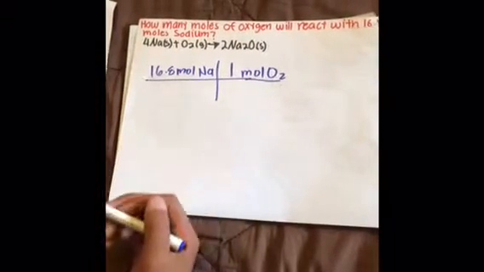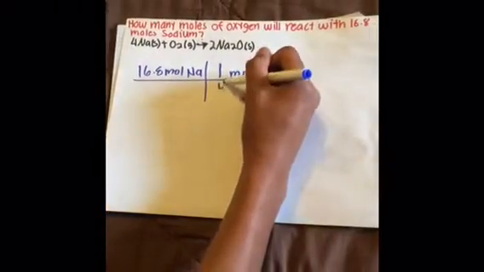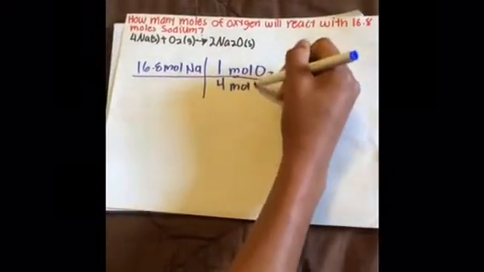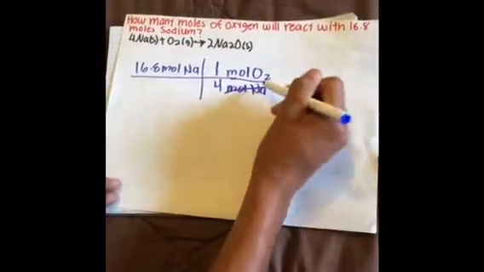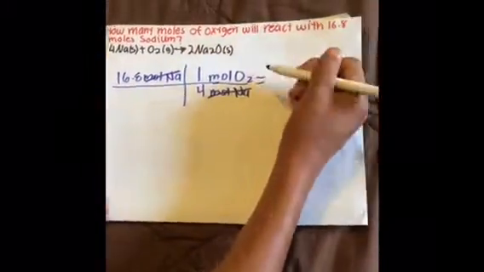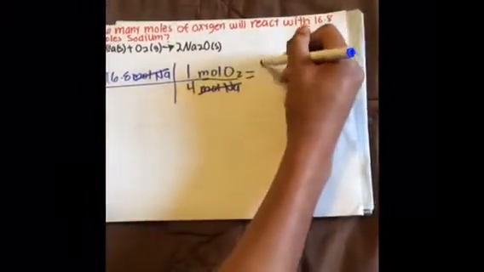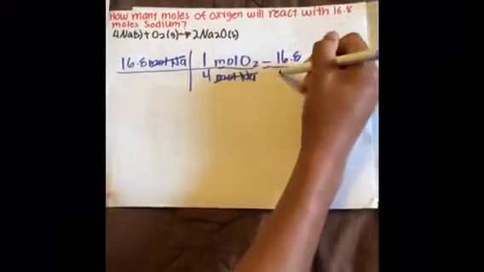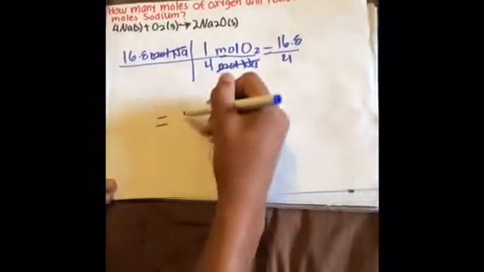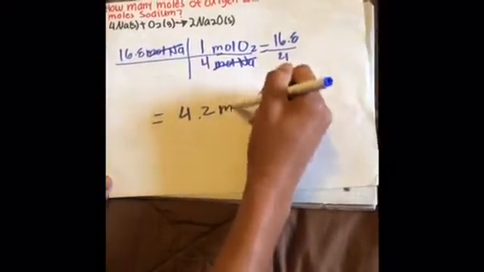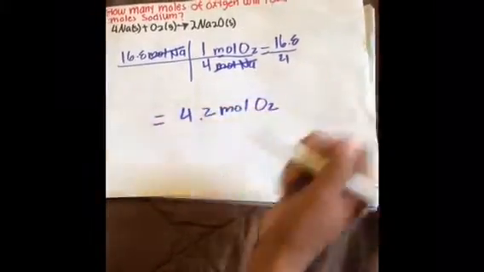And in the equation, 4 moles of sodium reacts with 1 mole of oxygen. These cancel out, and you multiply across, which gives you 16.8 over 4, and you end up with 4.2 mole oxygen.